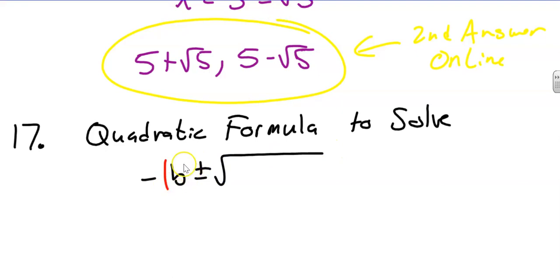Again, if you're not good with the negatives and the positives, the best thing in the world to do is to go back and take all these numbers that you would have and wrap it in parentheses.